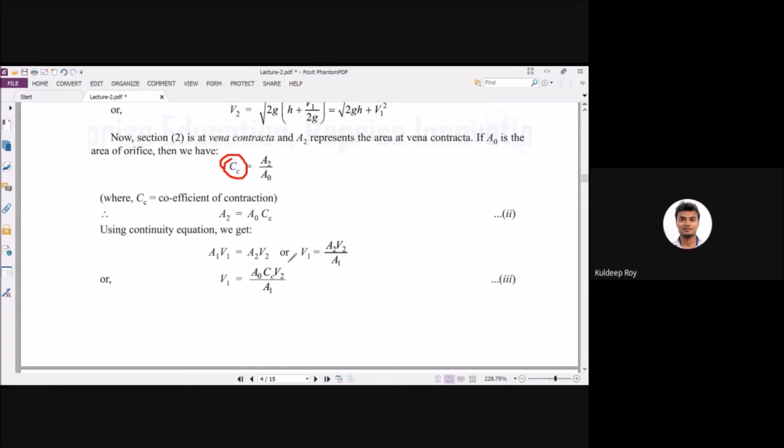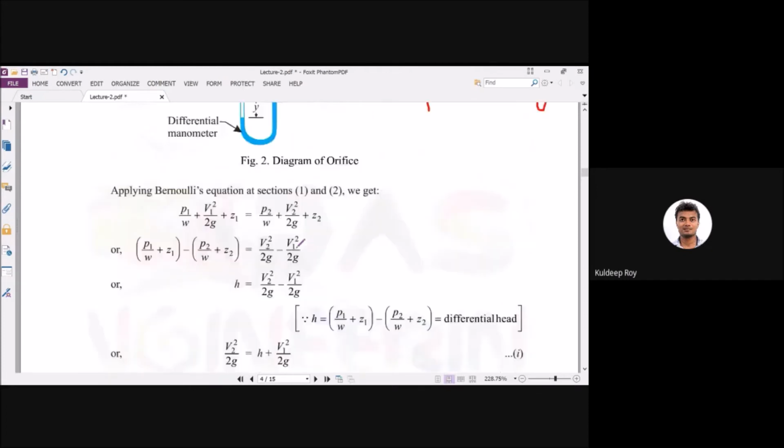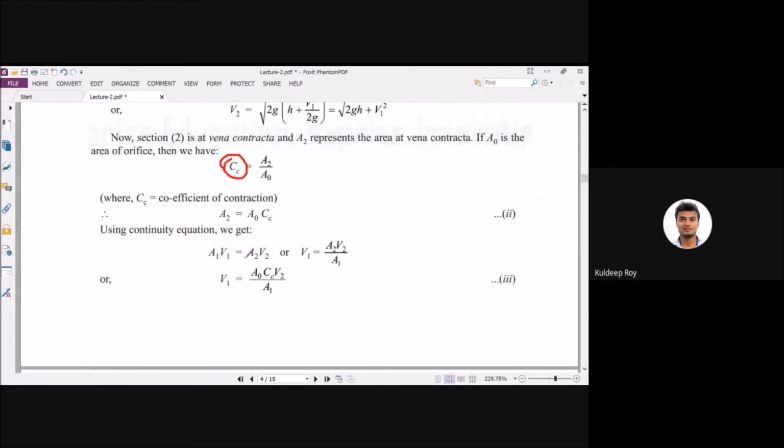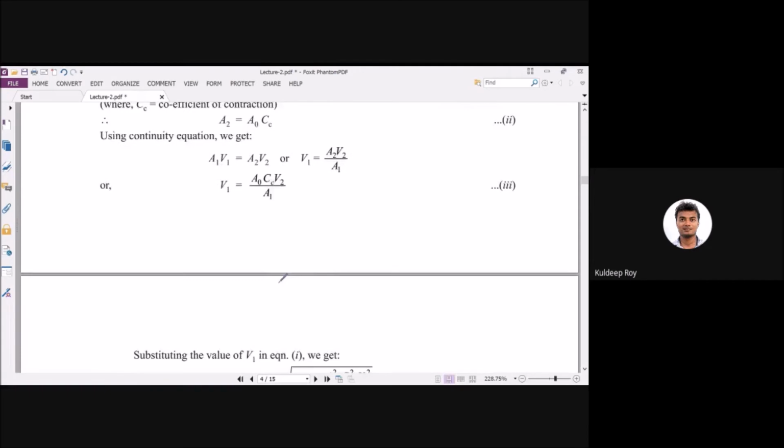You determine the velocity V1, and A2 is A0 multiplied by Cc. Why are you taking this formula into consideration? Because you know the area from the orifice plate only. You don't know the area A2, so we determine it in terms of A0, because we know the diameter of the orifice plate. If you apply pi r square, you will get the area.